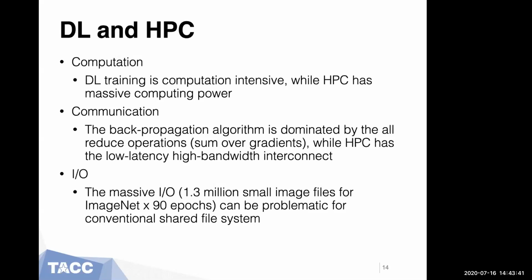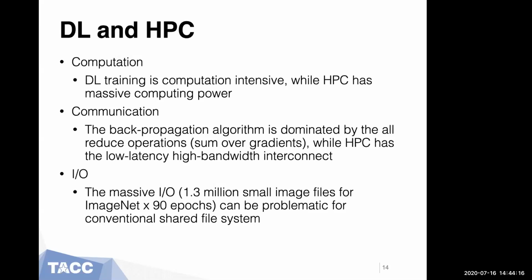And in my own research, I also do second order optimization, like using Kronecker factorization to approximate the Fisher information matrix. That method requires even more computation and more communication for the approximation, and using the interconnect on HPC is just great for performance.